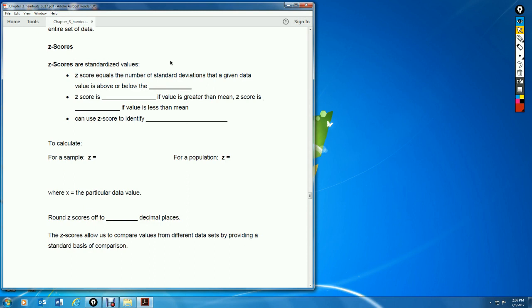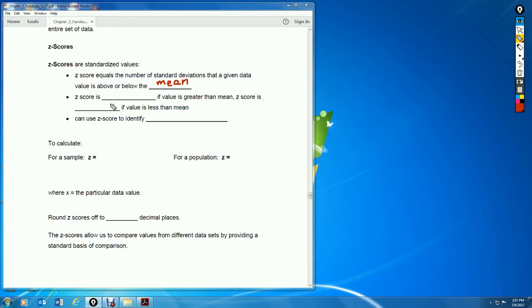It equals the number of standard deviations that a given data value is above or below the mean of the data set. So you're basically just comparing one particular data value to the mean of the entire data set.